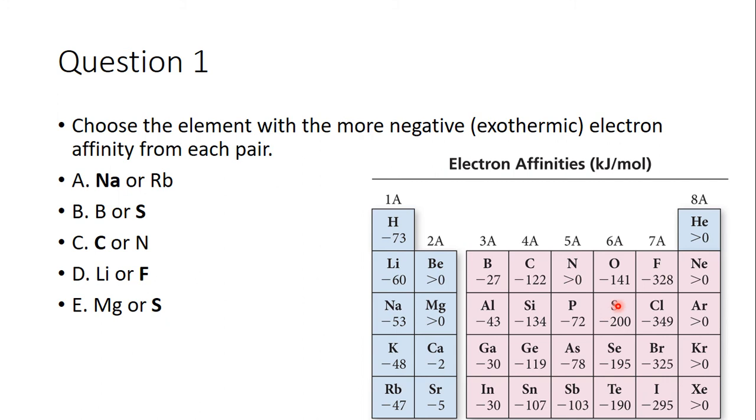Sulfur is more to the right of boron, so it's going to be sulfur. Carbon or nitrogen. Well, nitrogen doesn't want an electron, so it's going to be carbon. Lithium or fluorine. Fluorine is a halogen, so it wants it more. Magnesium or sulfur. Sulfur is a nonmetal, so it's going to want it more than magnesium, which doesn't want an electron at all.